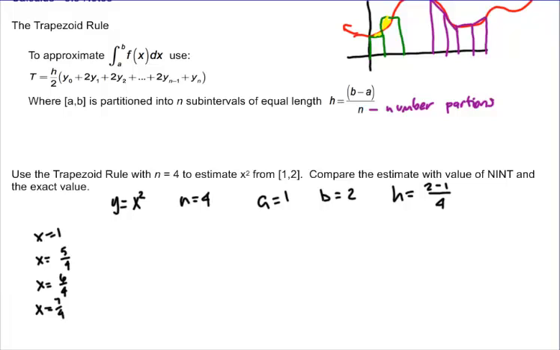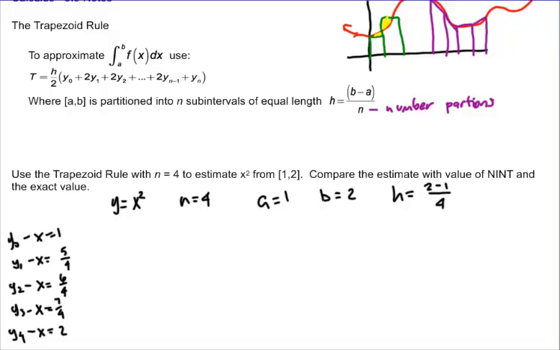And those are the 3 intervals there. Then the final interval would be y4, which would be when x is equal to 2. So here's y0, here's y1, here's going to be y2, here's going to be y3, and here's going to be y4. Okay? So how does all this look?